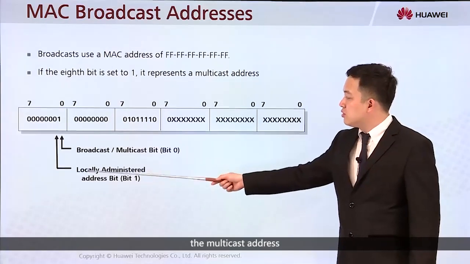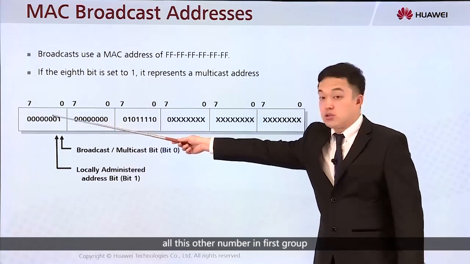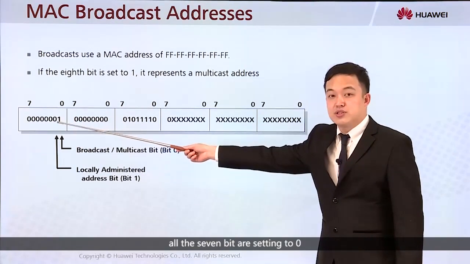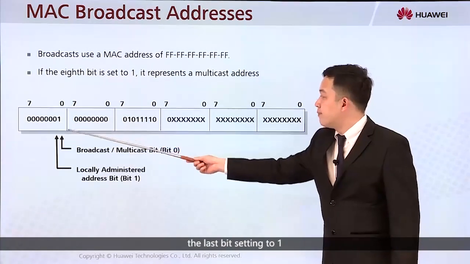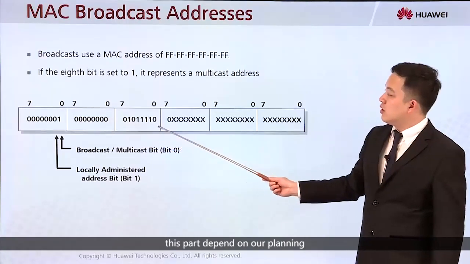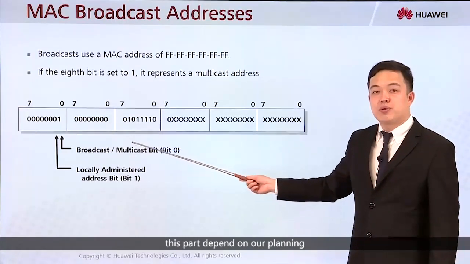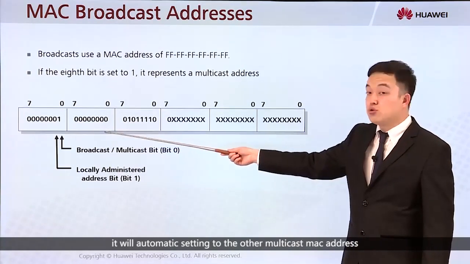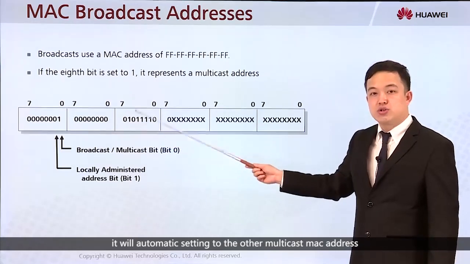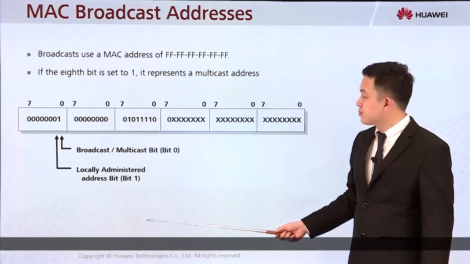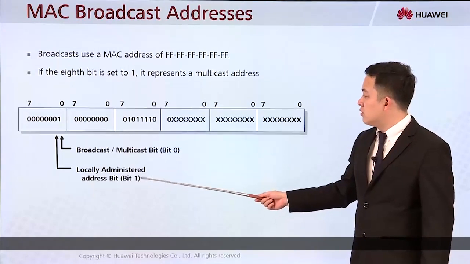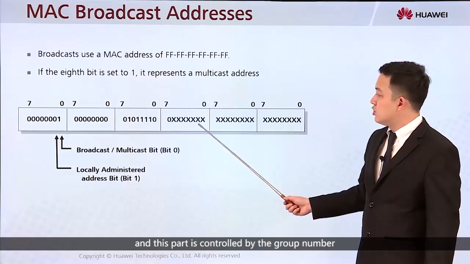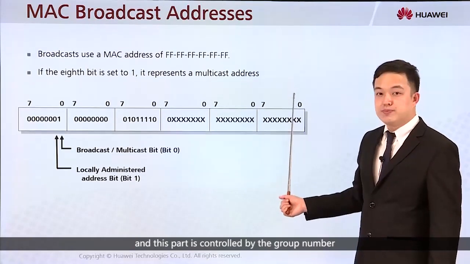For the multicast, in the first group, the 7 bits are set to 0 and the last one is set to 1. This part depends on our planning. It will automatically be set to the other multicast MAC address, and this part is controlled by the group number.